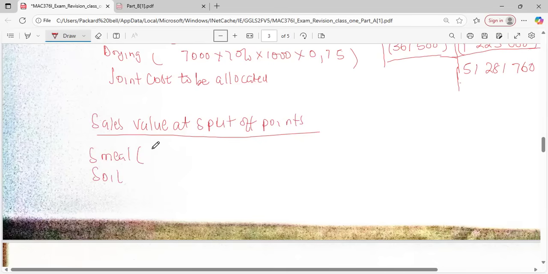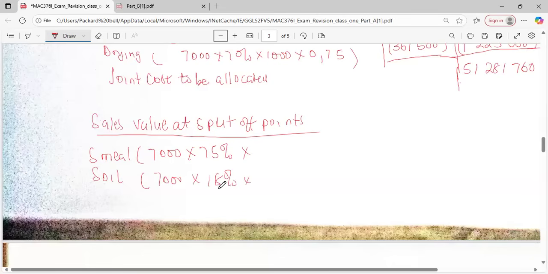So S meal is 75% times 7,000 times the selling price, and S oil is 18% times the selling price.